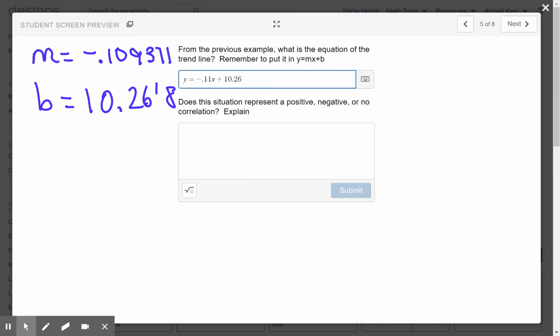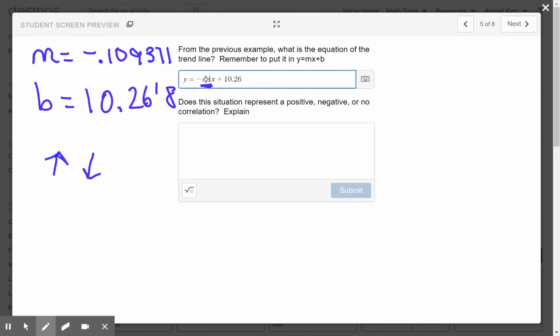Now it says, does this situation represent a positive, negative, or no correlation? Now let's think about this. As our internet speed was increasing, our time it took to download was decreasing. Also, look at our slope. It's negative.